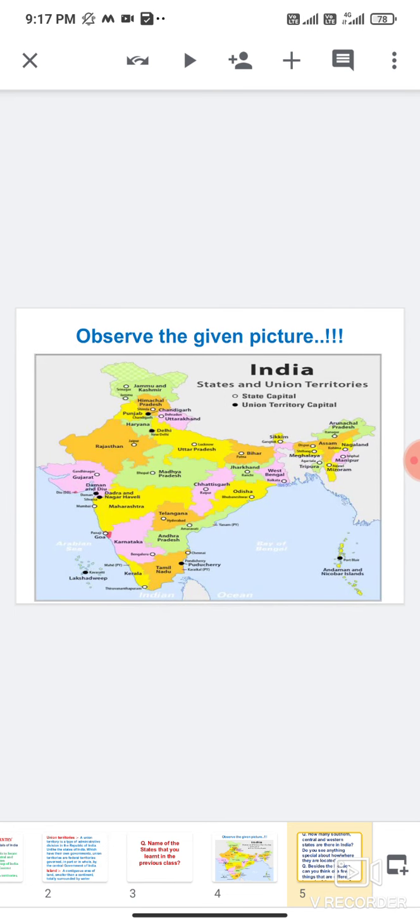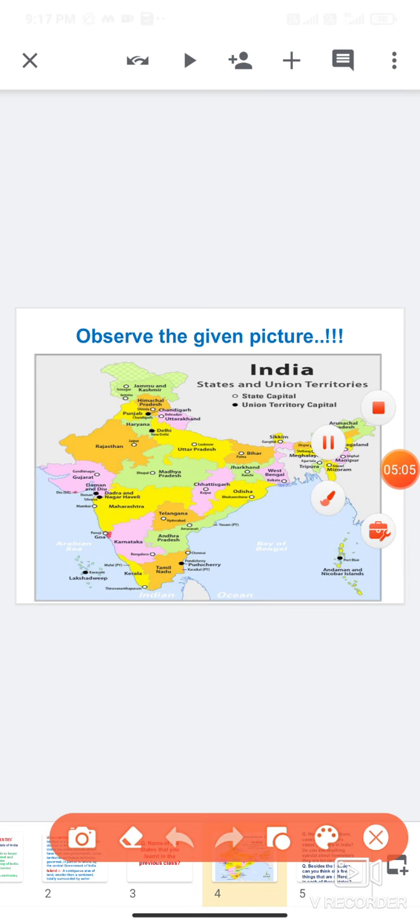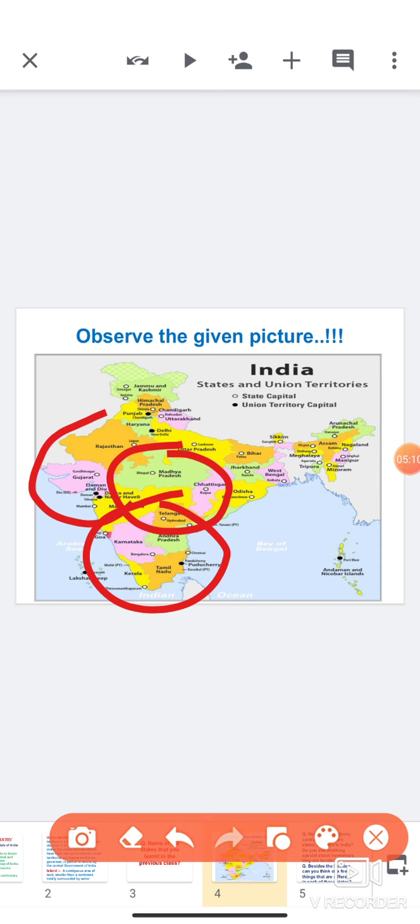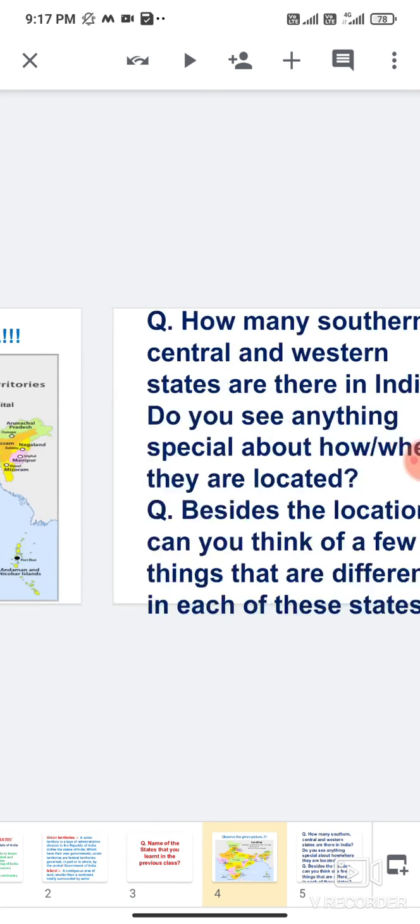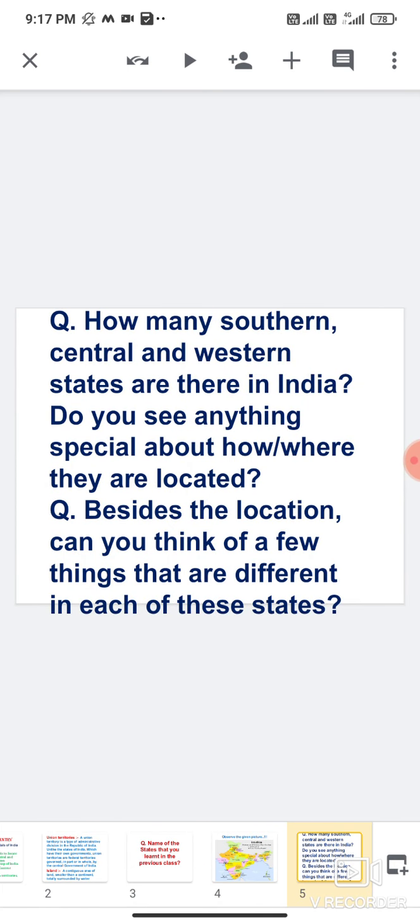For that you have to count the states. From here you have to count the states. How many southern, how many central, and how many western? You have to count the states. And specifically, do you see anything special about how and where they are located?